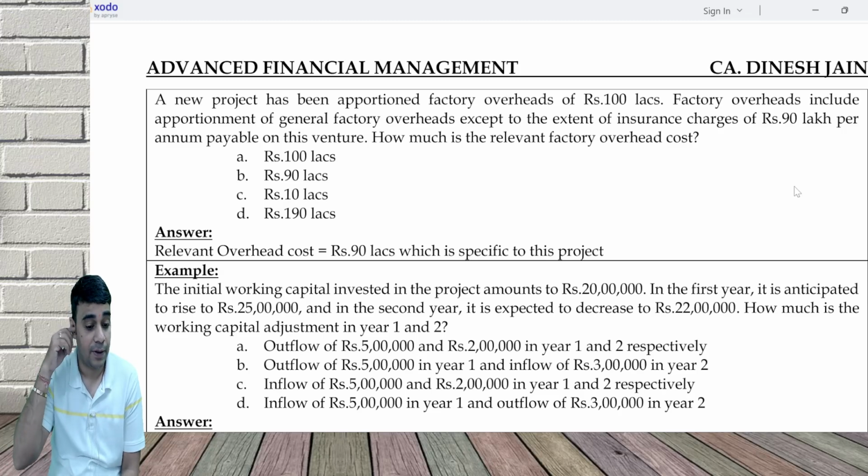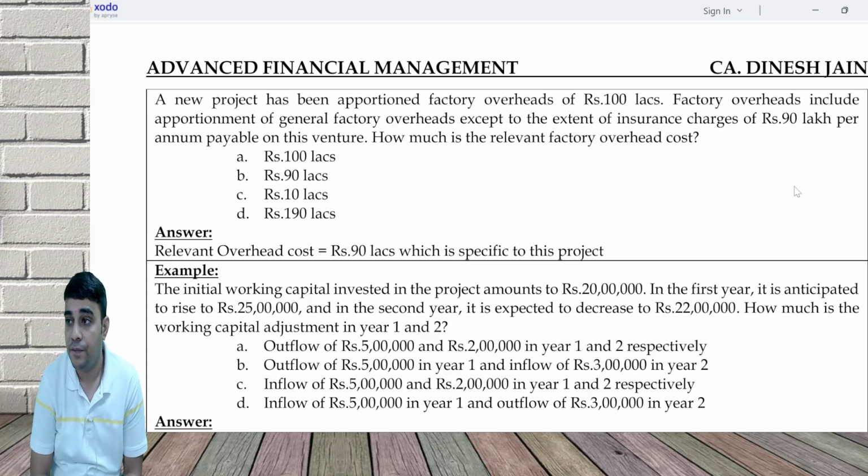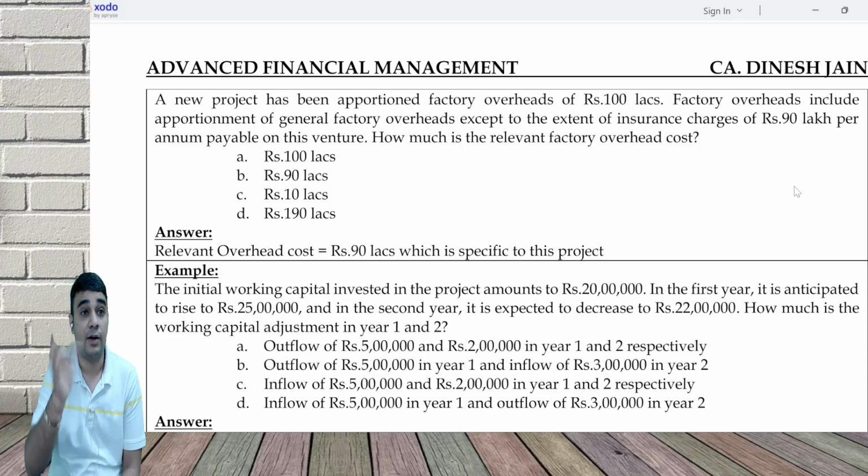In the first year, what will happen? Outflow of 5 lakh. In the second year, it decreases to 22 lakh. Inflow of 3 lakh, from 25 minus 22. Third year they can give, fourth year, fifth year. You can keep going on that.